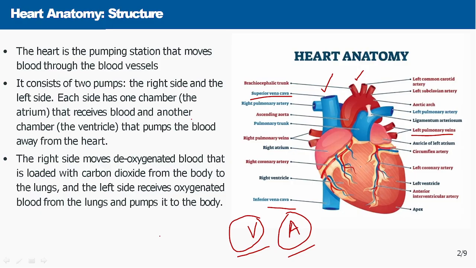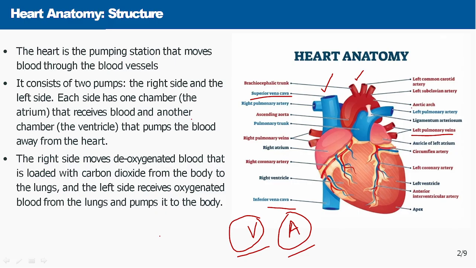This is the only exception: though these pulmonary veins are veins, they still contain oxygenated blood. Coming from the left atrium, the blood will flow down to your left ventricle, and the left ventricle will pump that oxygenated blood all over the body through the aorta.